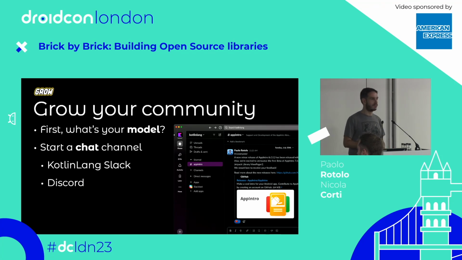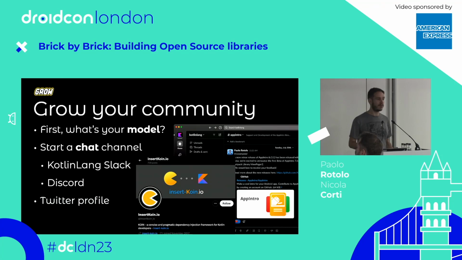Discord is great because it's free and has unlimited messages, so you can create a Discord for your library and build your community around it. Some libraries even build Twitter profiles where you can subscribe to get updates when a new version of the library is released and get promotion on those new releases.